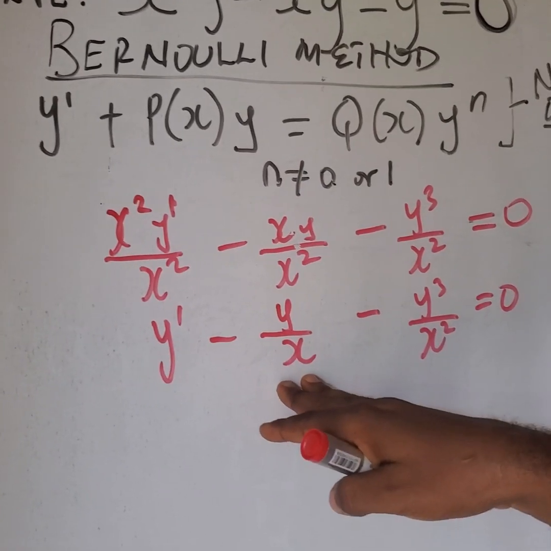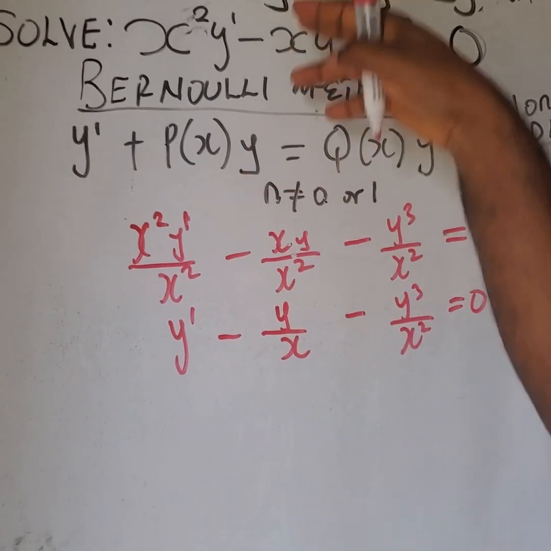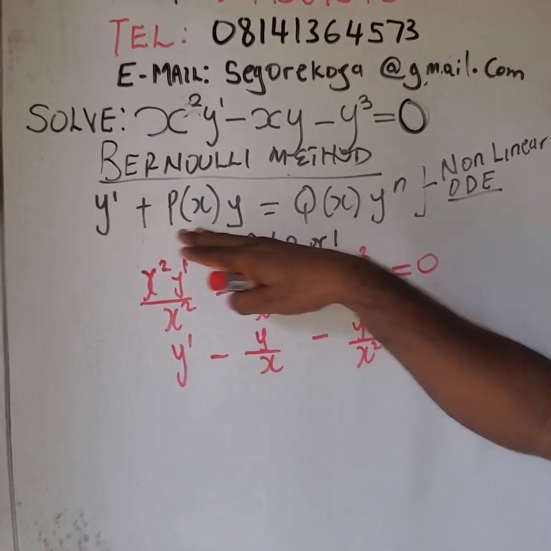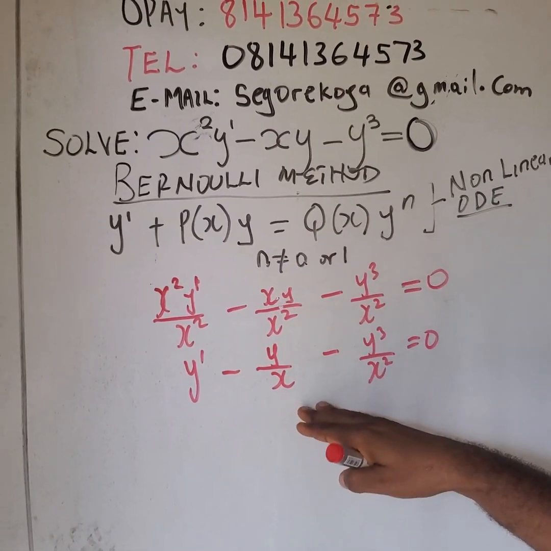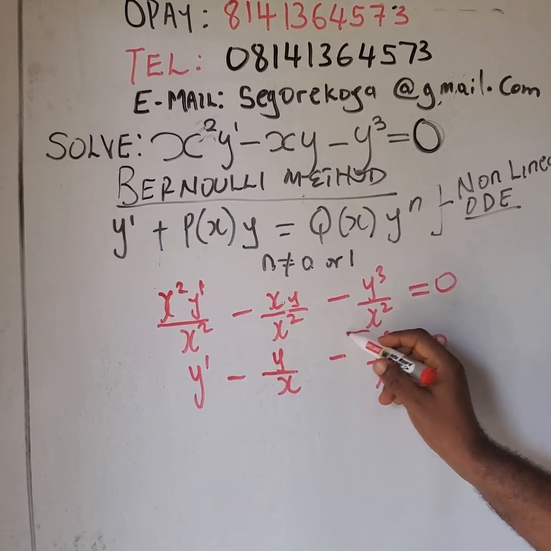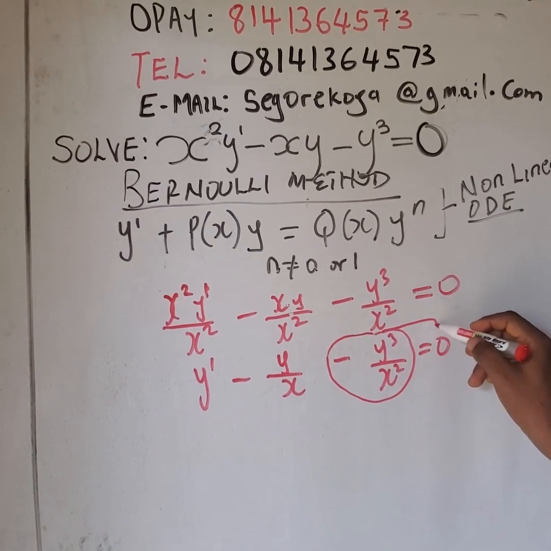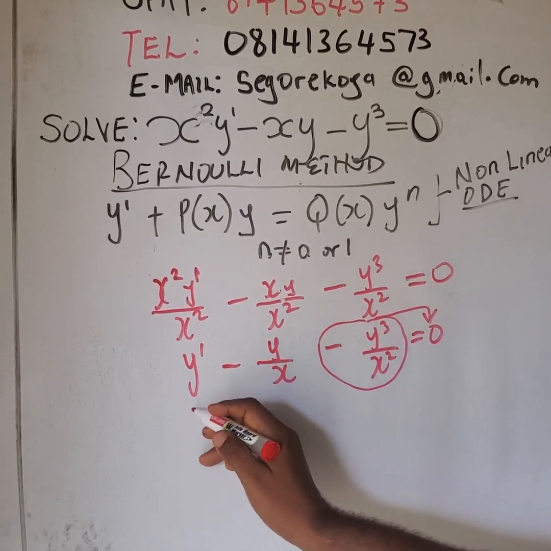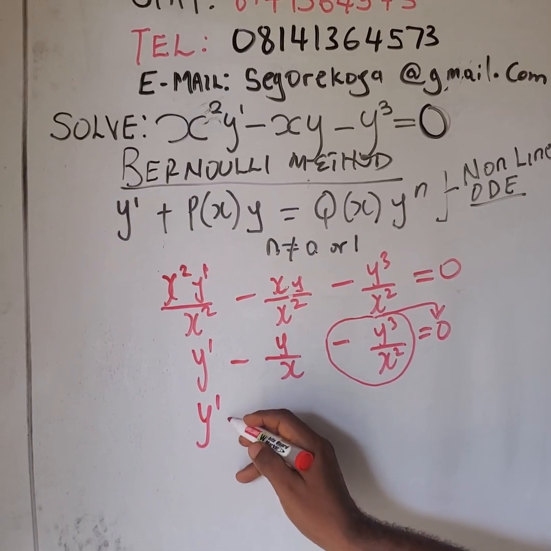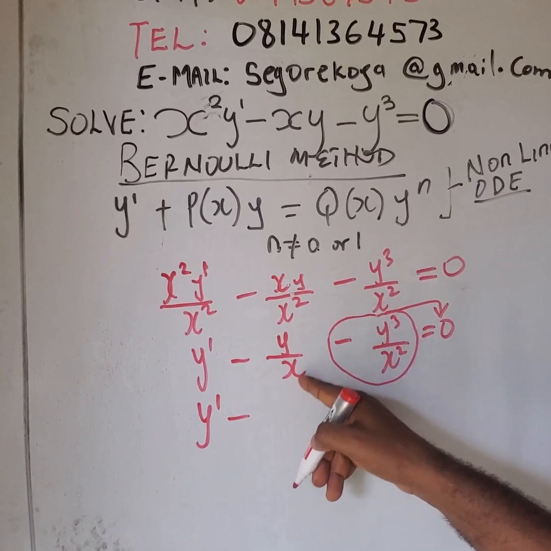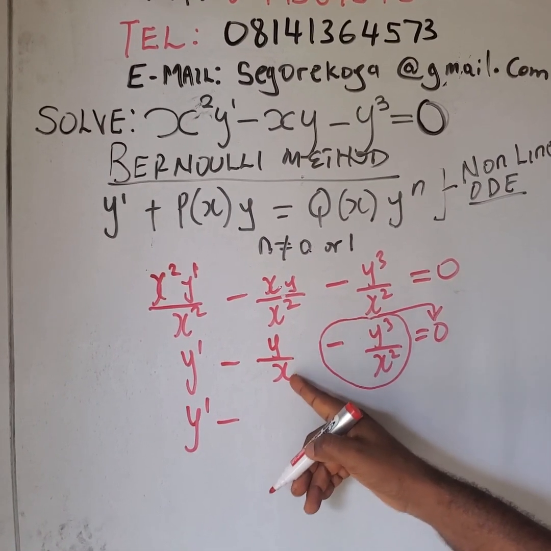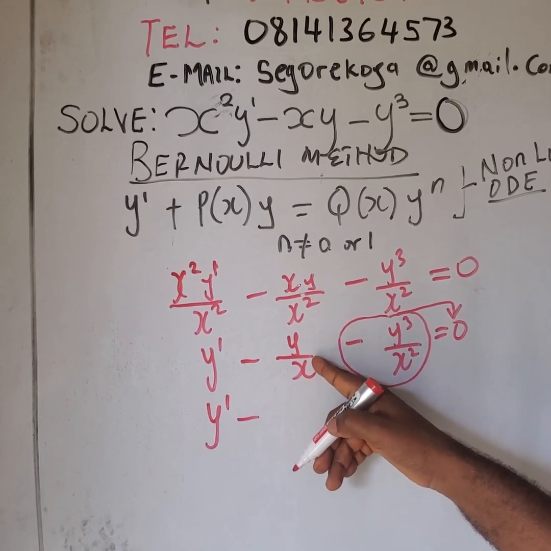Now the next thing we need to do is to rearrange this equation in such a way that it will look like this standard form. So what we need to do is to take this one to the other side of the equation so we can have this expression. So what we have here now is y prime minus, I want to write this one using the law of indices. This is raised to power 1. By the time we carry this one up, the power that is positive will become negative.